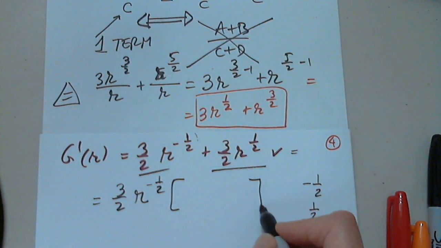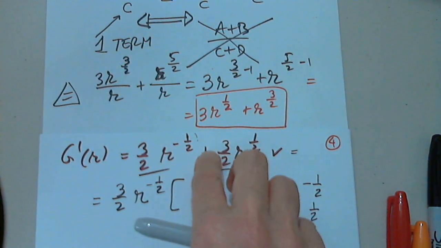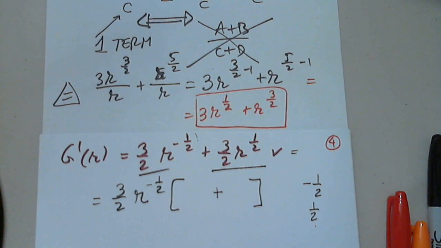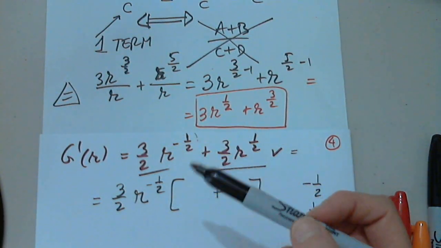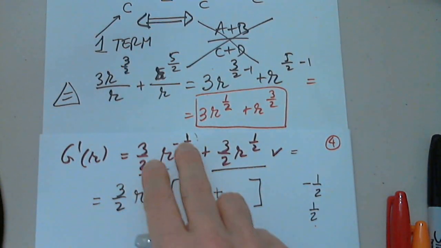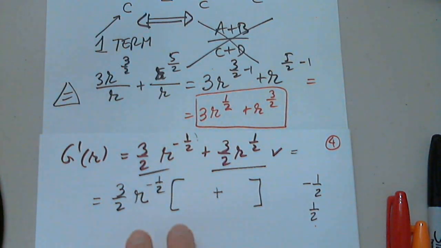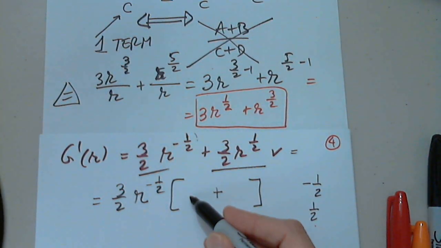So let's see what we have in parentheses. Notice that we have two terms, and we have to have two terms in here. I have plus, I have to have plus. So 3/2 is out. r to negative 1/2 is out. What is left here? Please do not say 0, because this times 0 will not give us this. This times something will give us this term. One.